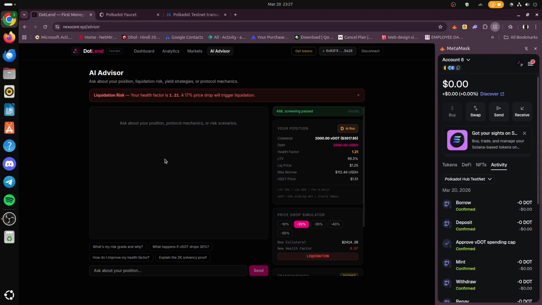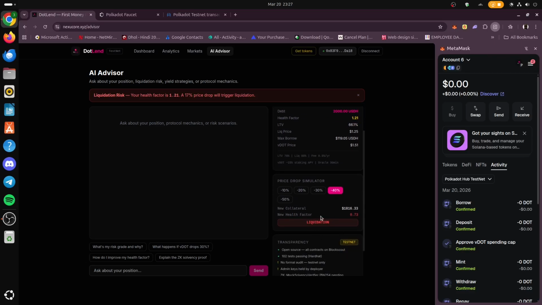Let's assume something big happened, some kind of mishap, and the price suddenly drops by 40%. Now our health factor moves to 0.73, and it's near liquidation. If it moves 10%, then it's a simple warning, since it's nearing 1. If the health factor reaches near 1 or below 1, it moves to liquidation.